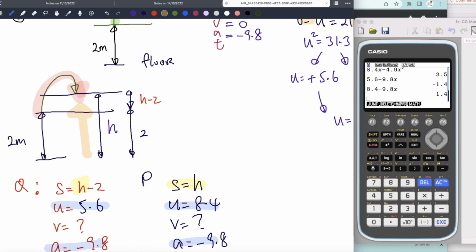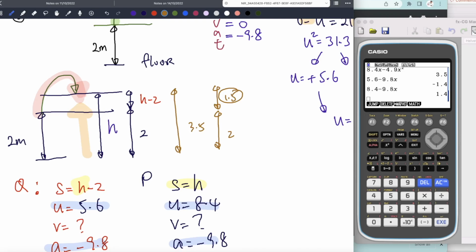Remember, what we found out is this height is 3.5. That means that this height here is 2, and the remaining height is 1.5. But depending on what you assumed, you could have assumed the distance that you're trying to find out to be x. Then x would be 1.5, and 2 plus x will be 3.5.